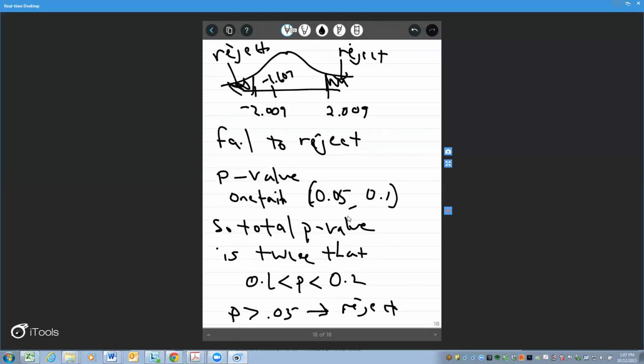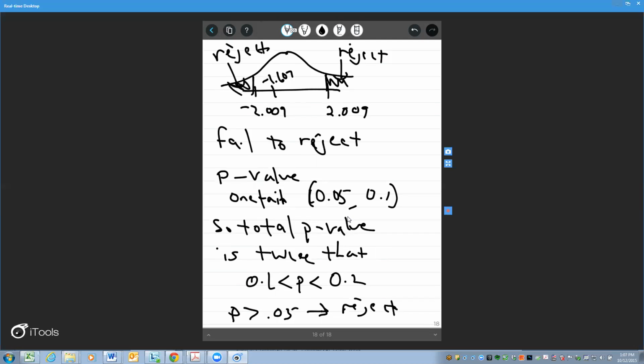What's one of the advantages of a p-value rather than the classical approach of comparing to a critical value? Well, the p-value gives me an idea of the strength of my argument. The smaller the p-value is, the more strongly we can reject the null hypothesis, because the p-value measures the percent of the time we would have observed our sample given the null hypothesis was true.